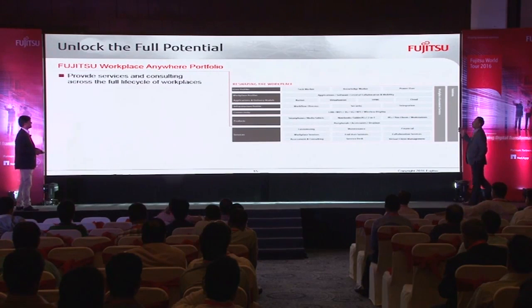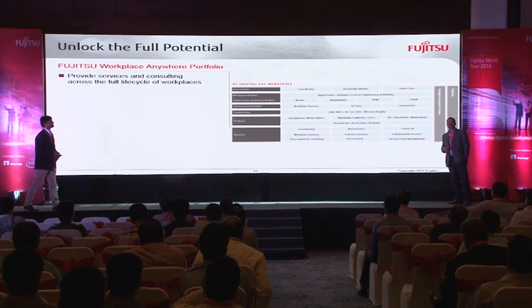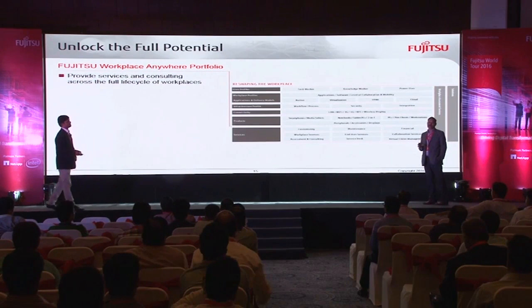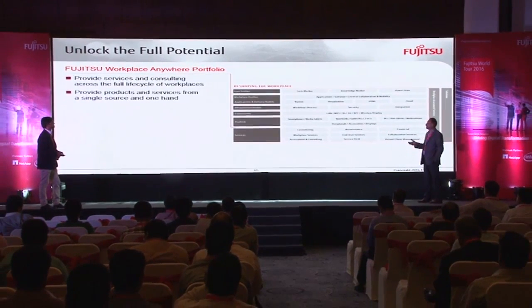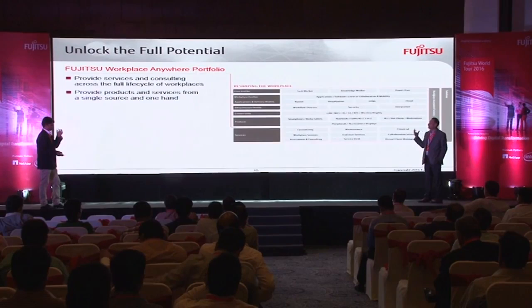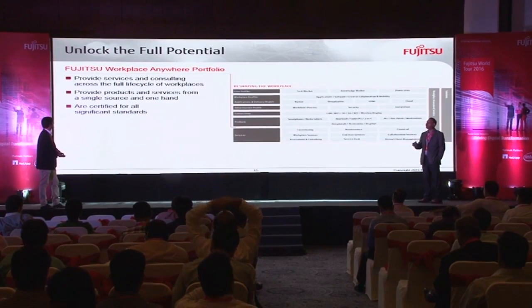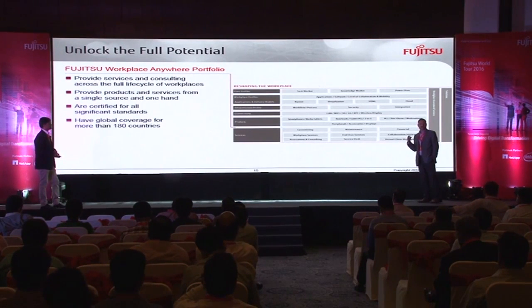What happens when Gartner puts a company 3 years in a row on a magic quadrant as a leader in providing the outsourcing functions? Because Fujitsu has been providing the functionality of mobile devices to enable a person to work from anywhere, from any device, without any hassles, without any security issues, and improve productivity also.